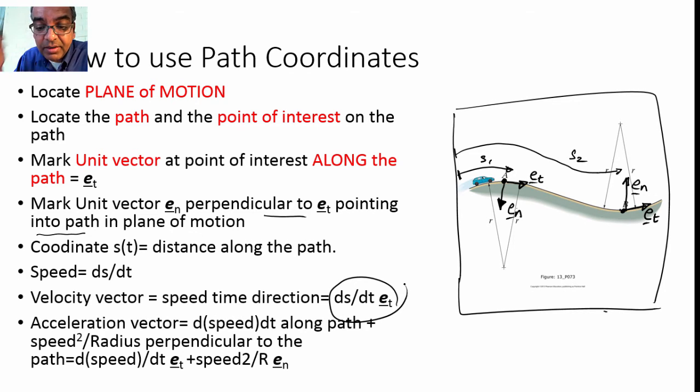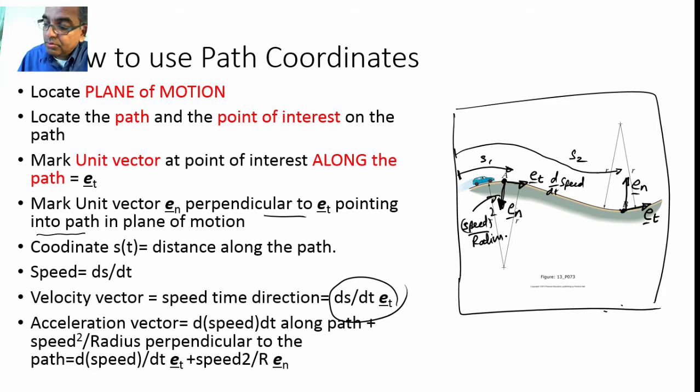And acceleration vector is rate of change of speed in this direction, d/dt of speed, and speed squared over radius of curve. That's all you have to do. You got position, velocity, acceleration, and then we are off to applying Newton's laws. This is a very easy thing. I want you to understand that.